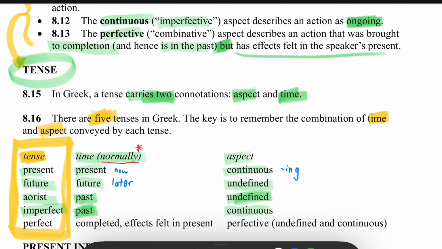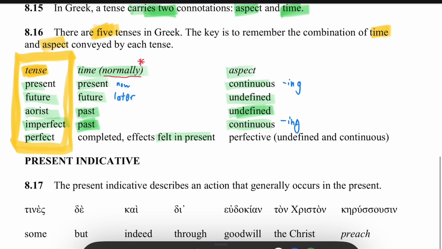So again, that "ing," we were going to Galilee. And then we have lastly the perfect tense, which is completed, and then its effects are felt in the present. And it is the perfective, undefined, or continuous aspect.